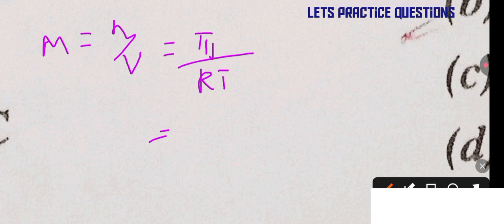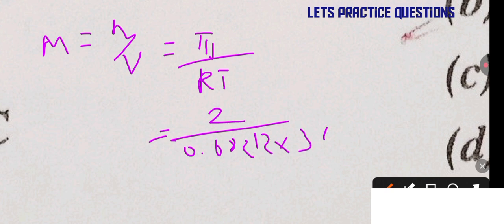Pi value is 2, R is the universal gas constant, its value 0.0821, into 300. When we calculate this equation, we find 0.0812.